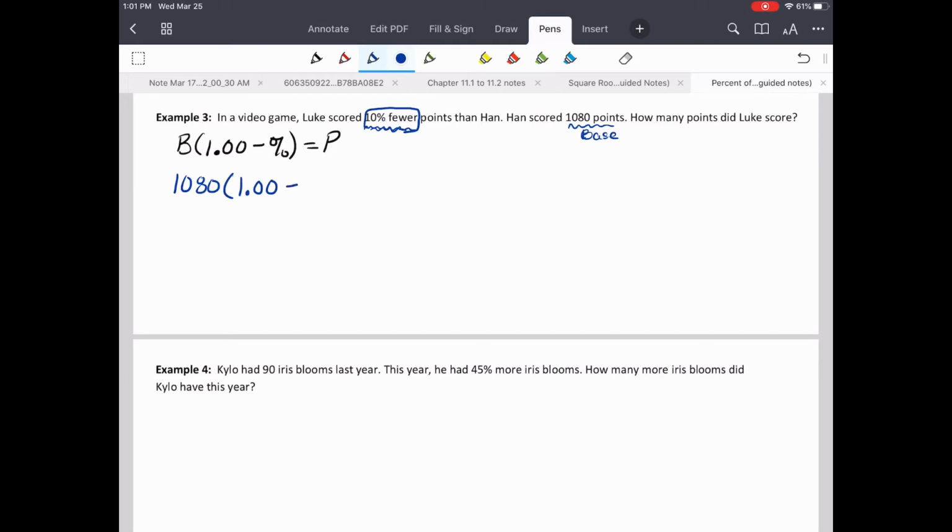Now it says 10% fewer, right? I'm going to cover that up a little bit. Is that 10? Yeah, that's 10. And then you want to put 0.10 there, because remember, you always want to change a percent to a decimal when you're putting it into the equation or whatever format you're using. And then you want to make that equal to the part. Now the part is the part that we don't know. That's going to be Luke's score.